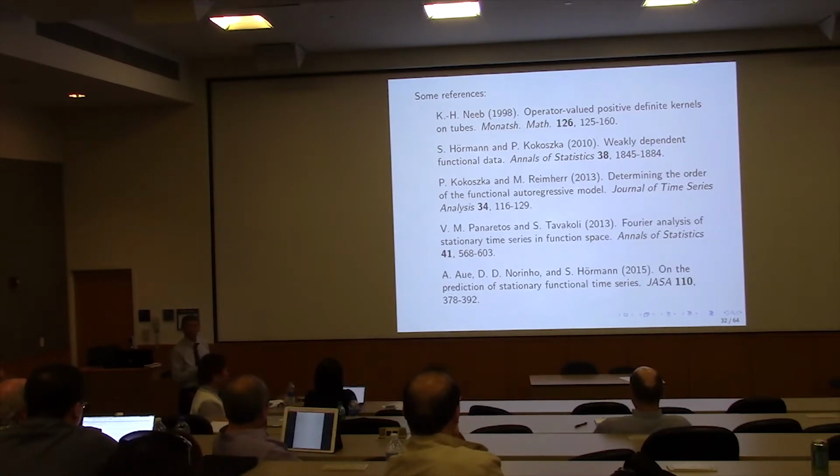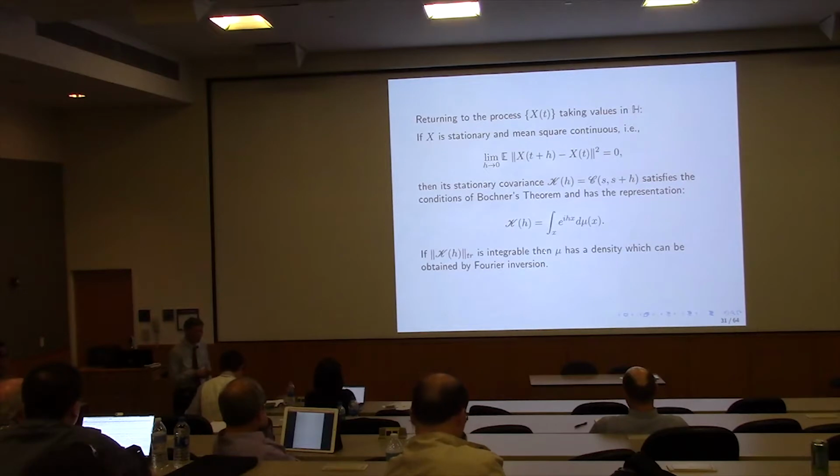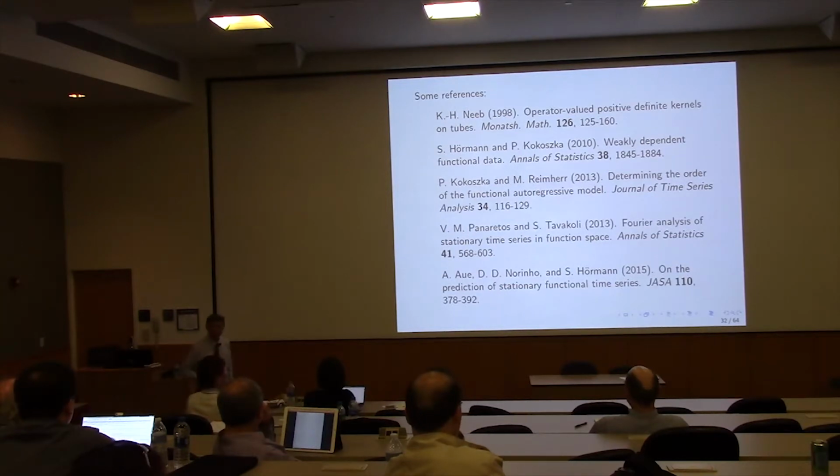Now, people in functional data have looked at the case where a covariance operator has a density, and they discussed how to estimate the density, mostly using still the periodogram-based approach, extensions of that from time series analysis. So there are these papers if you're interested. In fact, the mathematicians have looked at cases of this problem.